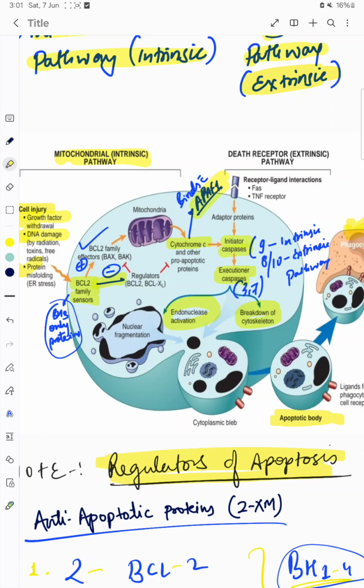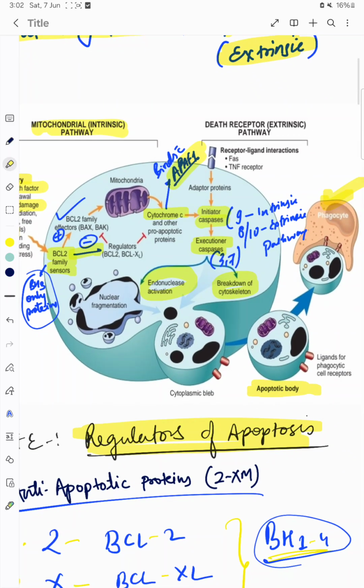There are different types of caspases involved in the intrinsic and extrinsic pathways. For the intrinsic pathway, caspase 9 gets activated, and for the extrinsic pathway, caspase 8 or 10 gets activated. These caspases then activate the executioner caspases, namely caspase 3, 6 and 7, which activate various enzymes and result in the breakdown of the cell.